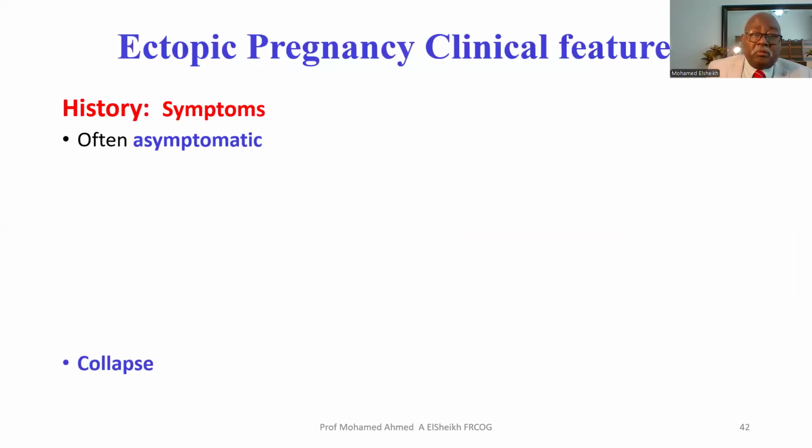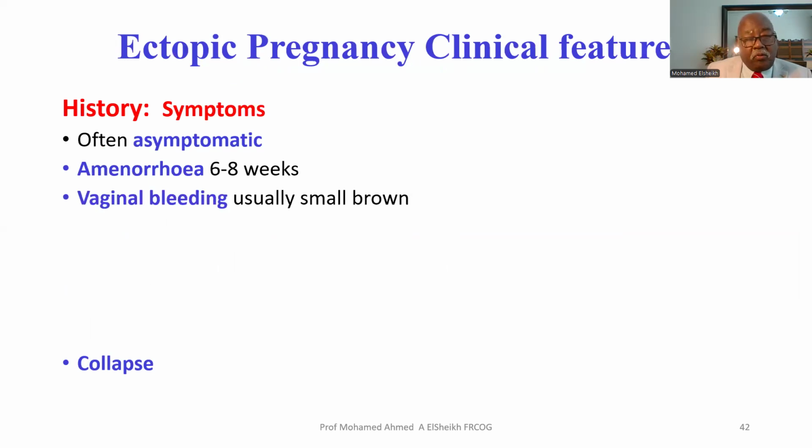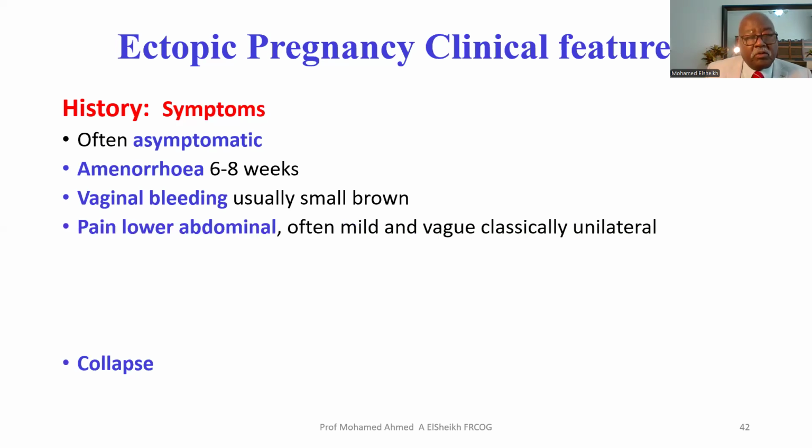Clinical presentation: often asymptomatic. Usually there is an amenorrhea of 6 to 8 weeks in the history they give you, with minimal vaginal bleeding that could be brown in color rather than frank red. Amenorrhea, minimal vaginal bleeding, lower abdominal pain, often mild, vague, and classically unilateral on one side.